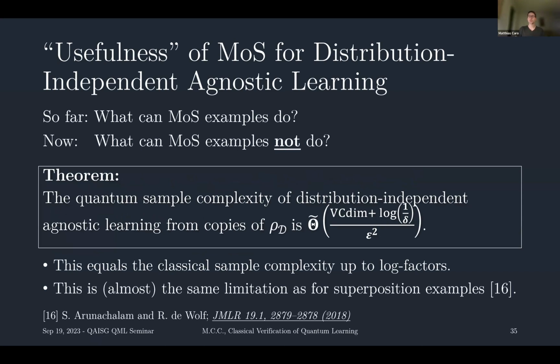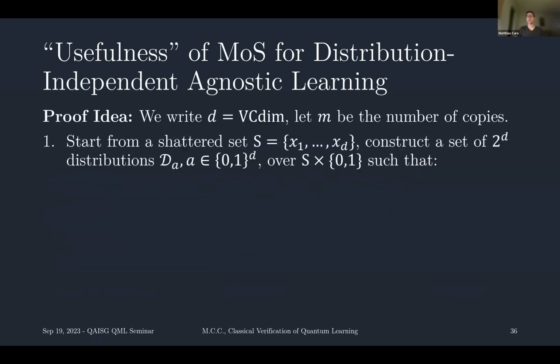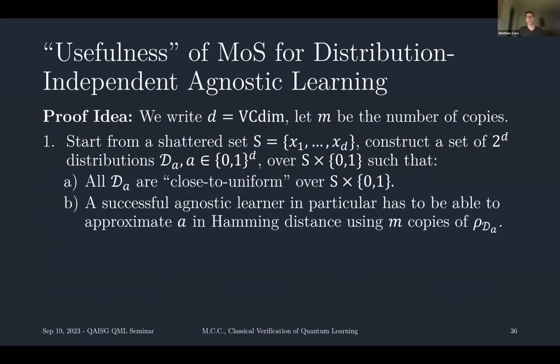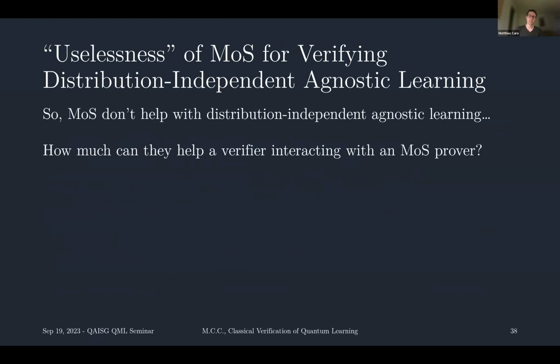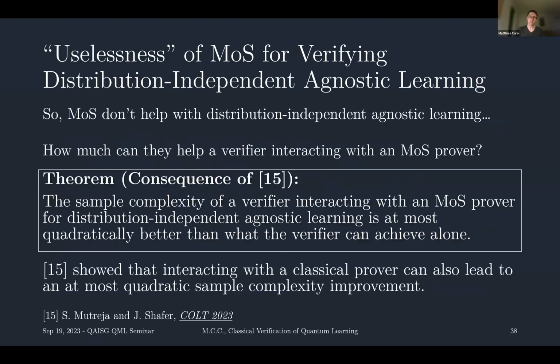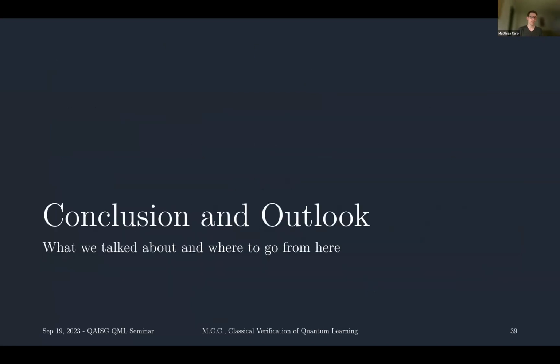And in fact, we can show something similar also for verifying in a distribution-independent setting, basically adapting a similar reasoning from the classical case. Okay, so sorry that I rushed through this a bit, but basically the message I want to convey is that the kind of quantum data we defined is not trivially all-powerful, it has its limitations. So you have to really look at what kind of machine learning tasks it's good for.